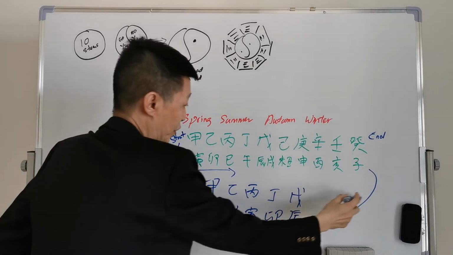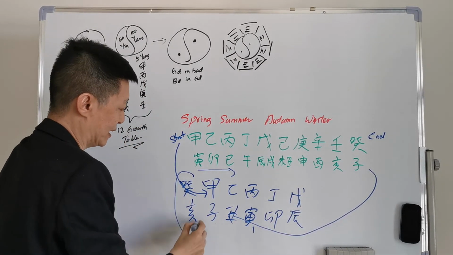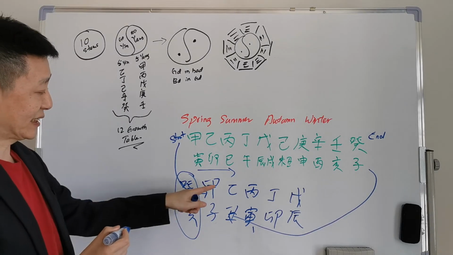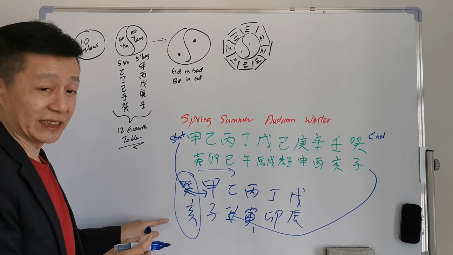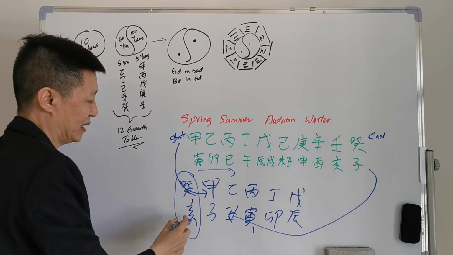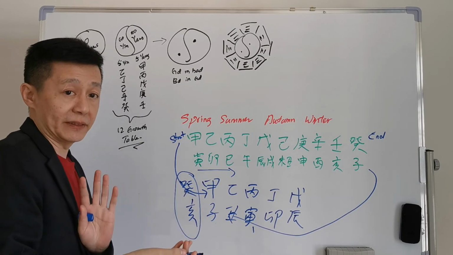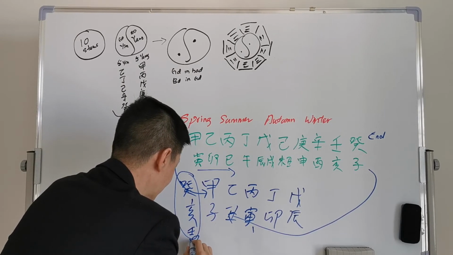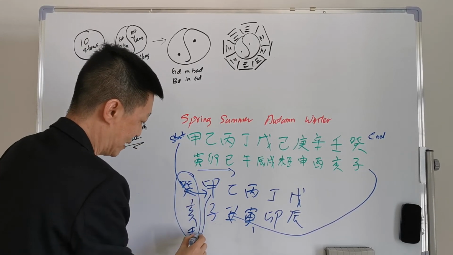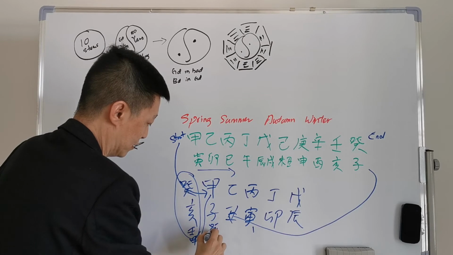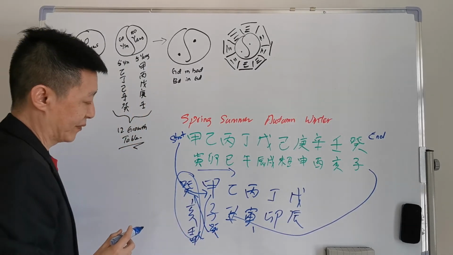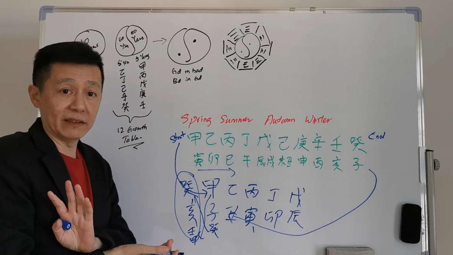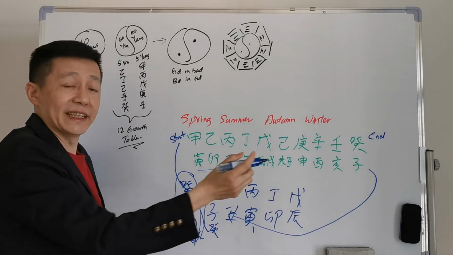They continue to run. Then this is the last pillar. This is the start pillar, jiazi. This is the last pillar. So the last pillar and the start pillar are upside down, because the jia comes down, the gui goes up. Understand? So it becomes upside down, right? So they start all over again.